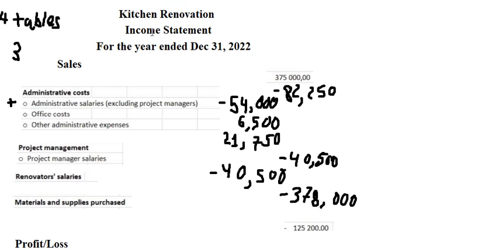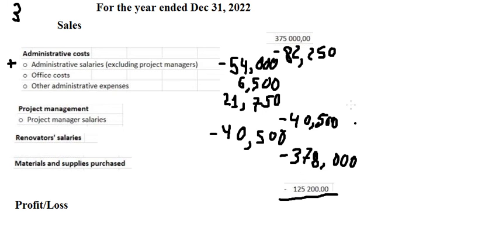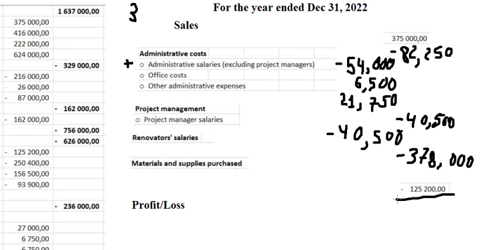So we need to use sales. We minus all the numbers in here. And this one we have negative 250,950. And that is the loss.